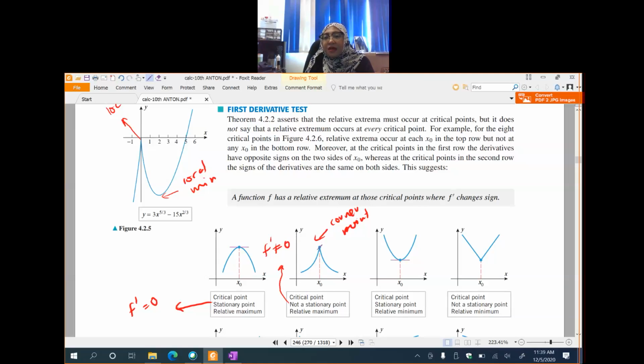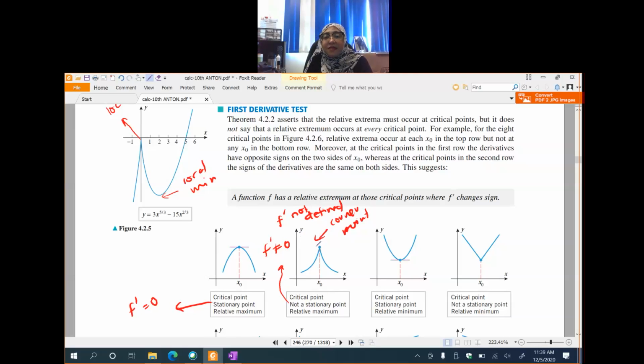It happens because f prime fails to be defined. F prime is not defined here. It's not a stationary point because f prime is not 0, and it's a relative maximum.